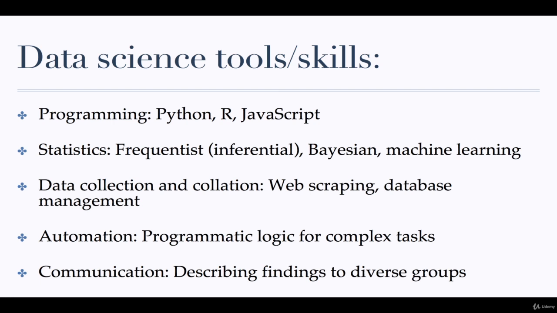Lastly, one of the skills that is not really shared a lot in these classes is that in order to be a good data scientist, you have to be able to communicate data science well to people who know nothing about data science. That's the reason it's your job to do that. If you're a data scientist, you need to be able to explain to people that aren't data scientists what you're doing and why it's important and why it's valuable.